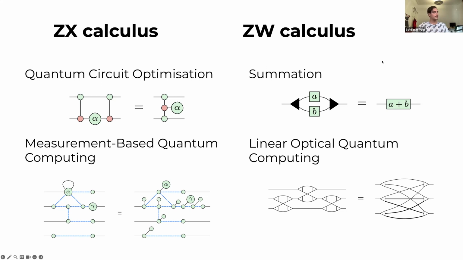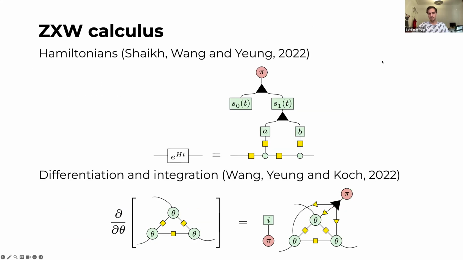And if we put together the ZX and ZW calculi in a single framework, we get the ZXW calculus. And it actually turns out that putting these two calculi together is more than just the sum of its parts. We can do, for example, the exponentiation of Hamiltonians in a cleaner way.